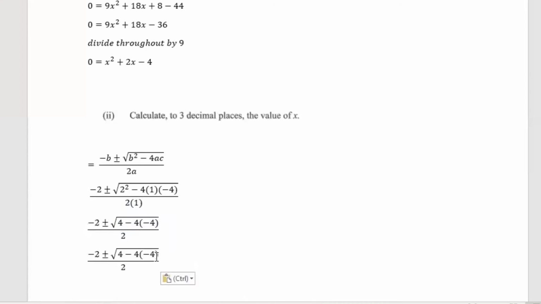And now for this part, what we're working is 4 multiplied by negative 4. A negative 4 multiplied by negative 4 will give us a positive 16. So that is all we're working in this part.